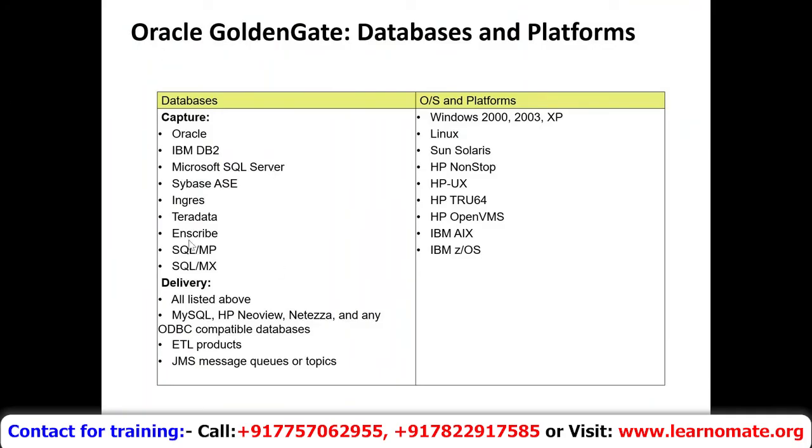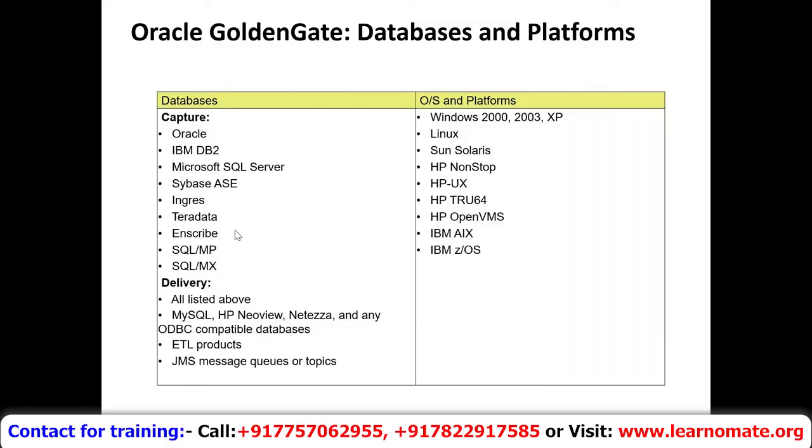GoldenGate, when it was introduced in 1995, was launched for the Enscribe database for banking domains. It was initially introduced for ATM networks, which have Enscribe databases. In 1995 it was a standalone company, and it was only for the Enscribe database.